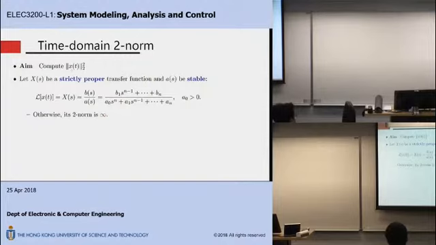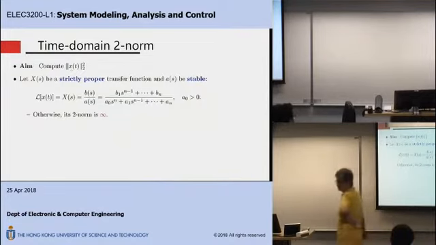Another assumption is that this is not really a transfer function. We just assume it's the Laplace transform of a time domain signal, and that it's strictly proper. You see that there's no constant term, no B0. Why do we have to assume it's strictly proper? If it's not strictly proper, then definitely in x(t) there is an impulse.